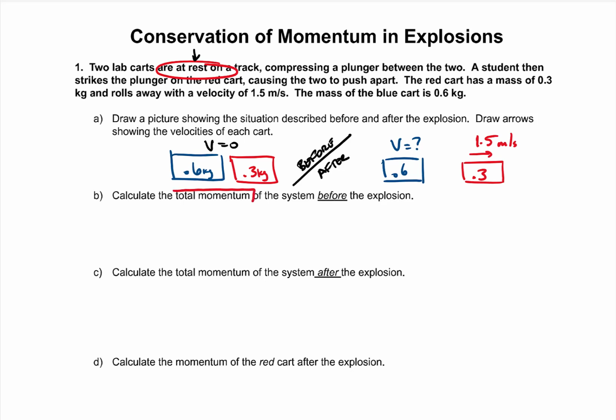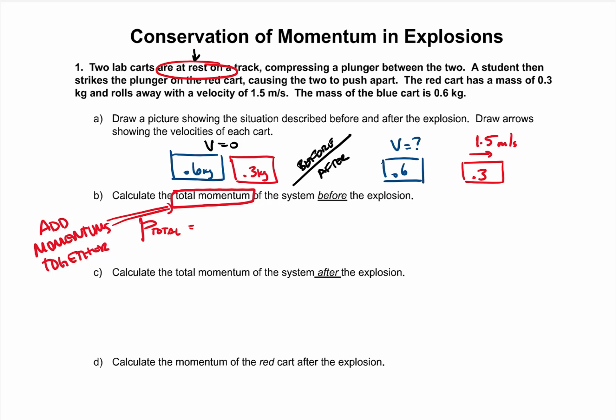When we talk about total momentum, P total is always going to be a sum of momentum. So this is telling me to add those momentums together.